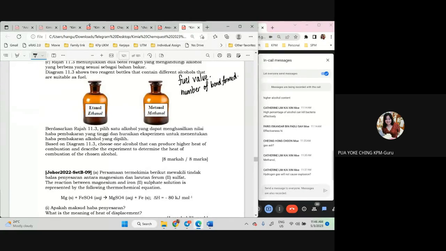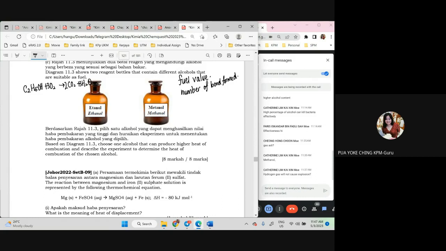Okay, let's say this one is C2H5OH plus O2, you will get CO2 plus H2O. Balance equation: 2 CO2, H is 6, 3. So jumlah O adalah 2, 4, 7, 7.